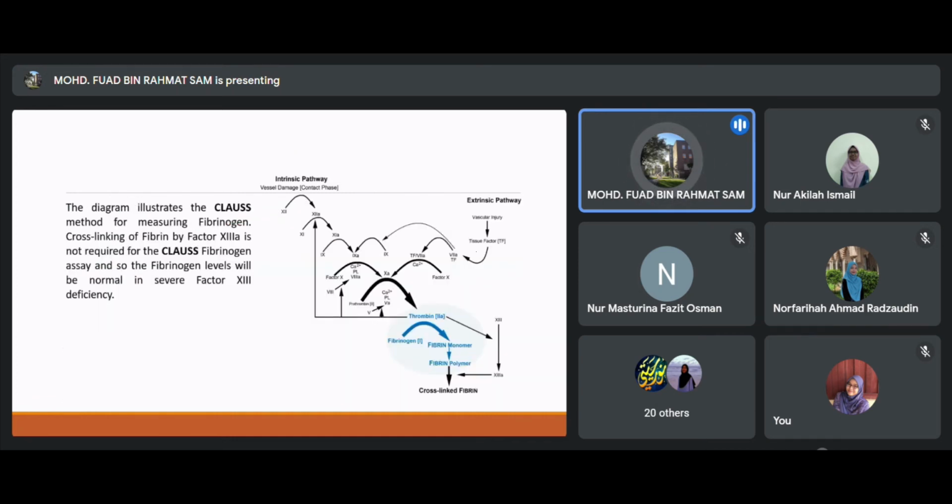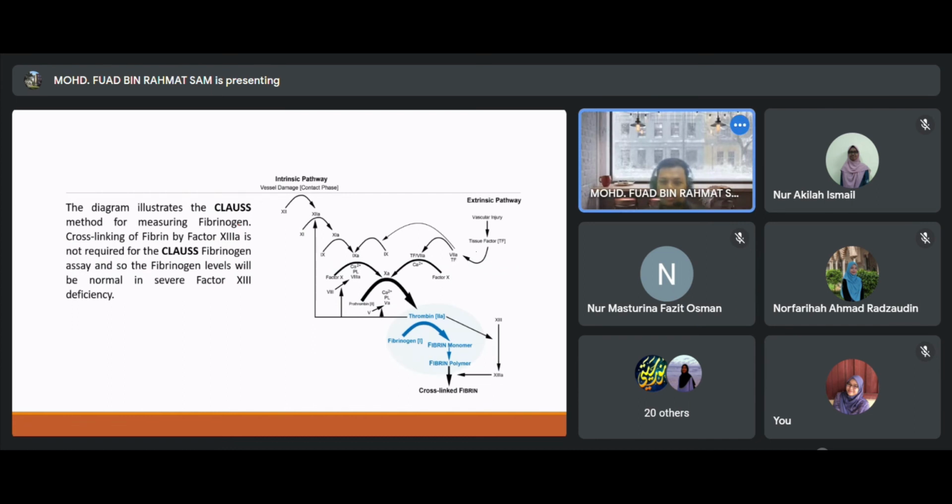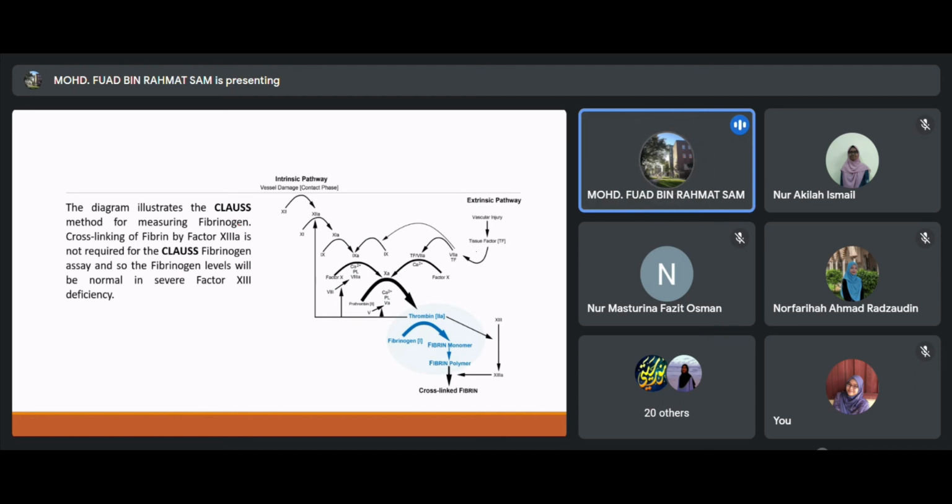So the diagrams illustrate the Clauss method for measuring fibrinogen. The cross-linking of fibrin by factor 13 is not required for the Clauss fibrinogen assay, and so the fibrinogen level will be normal in severe factor 13 deficiency. This is because we measure the fibrinogen level.